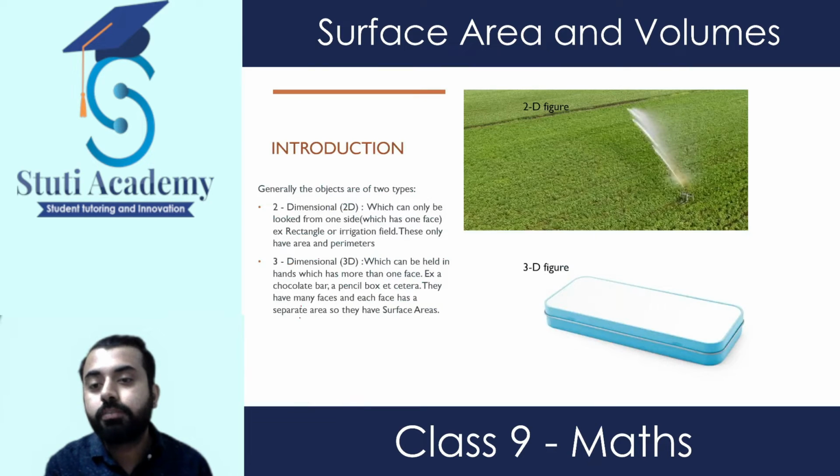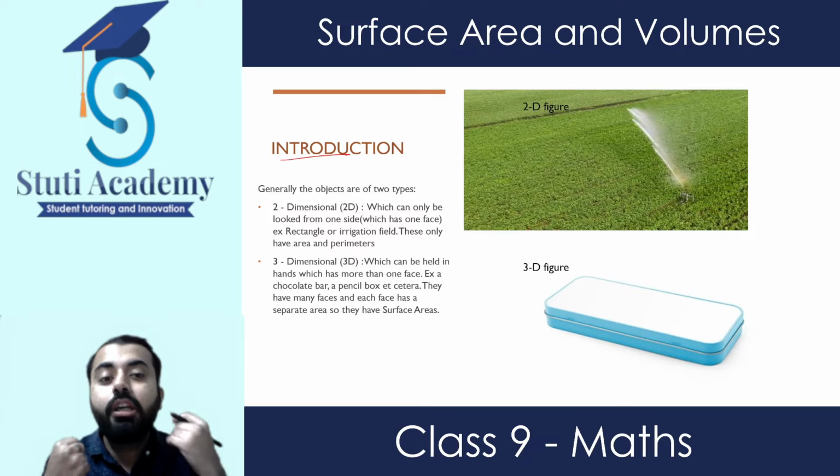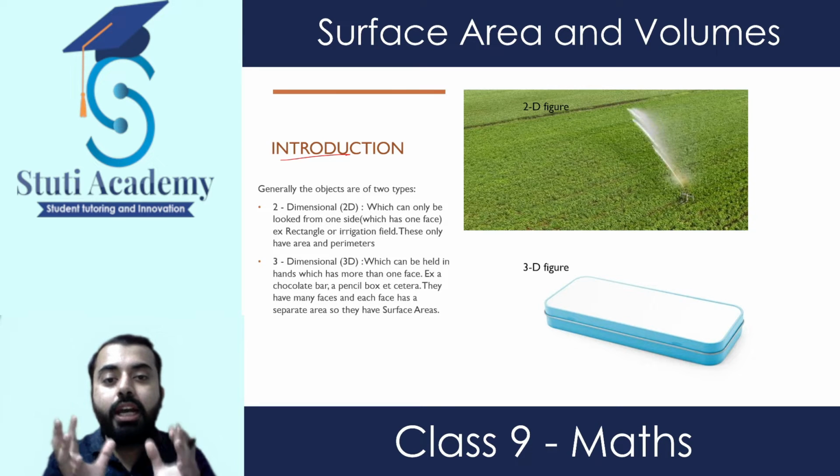So the basics. Now I have my introduction here. See, anything around us can be either 2D or 3D. That depends on the face we are looking at or the position we are looking from. Let's say you're looking at your screens.